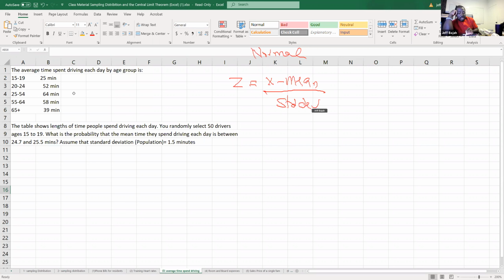Now for CLT, it's similar, but remember, CLT is looking at the sampling distribution. So it's still going to be X minus mean. But who can tell me the formula for the standard deviation of a sampling distribution?